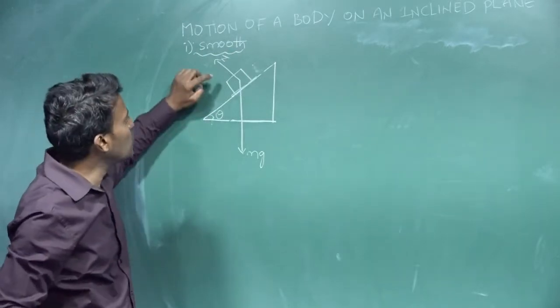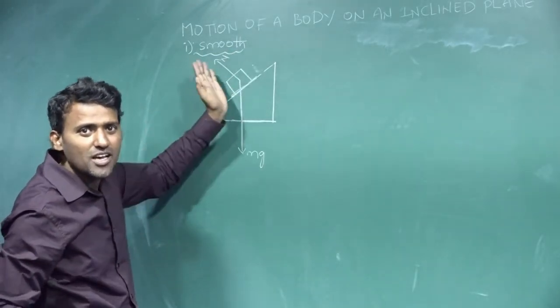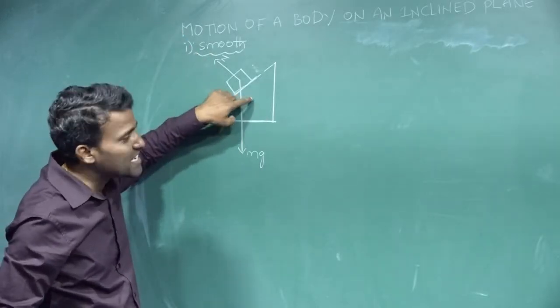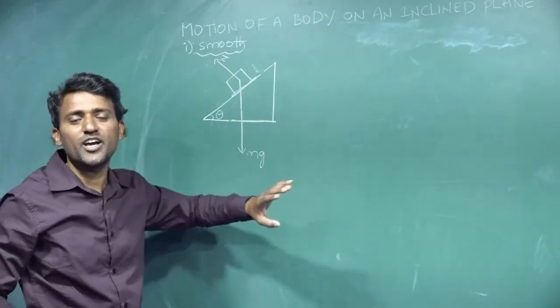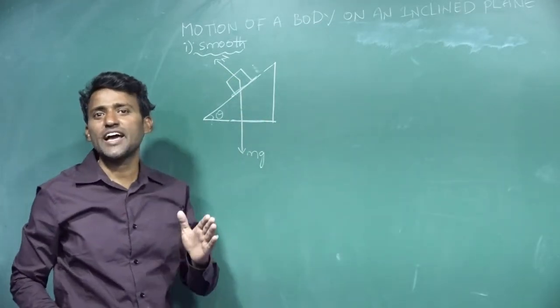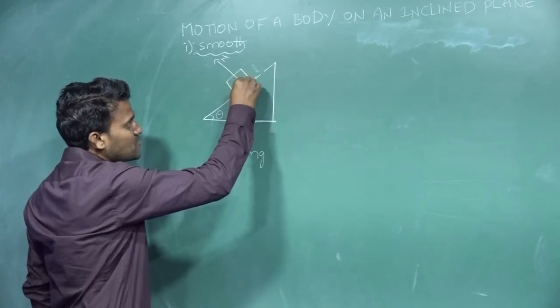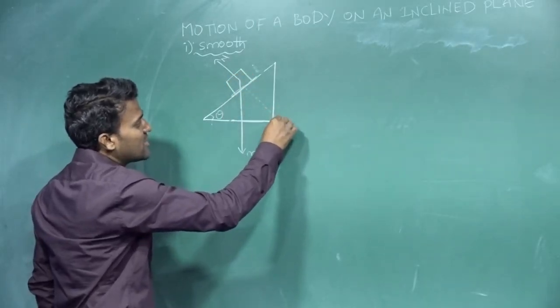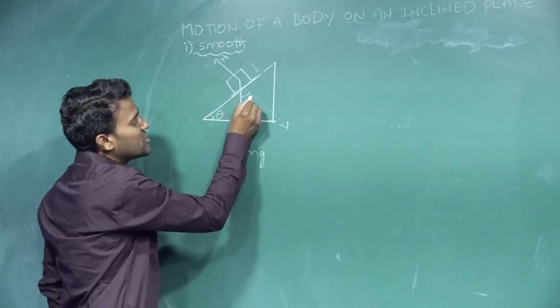This is the force acting on the block due to the wedge, directed upward. The force acting on the wedge due to the block is downward. According to Newton's third law, for every action there is an equal and opposite reaction, so the opposite reaction force I am taking along this direction. This angle is theta, so this angle is also theta.